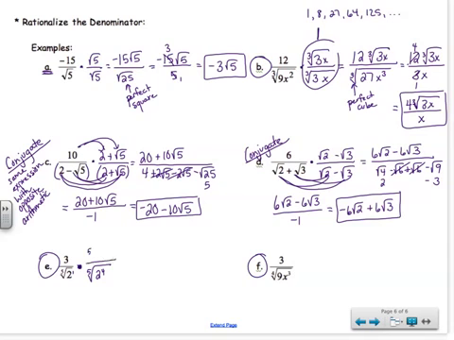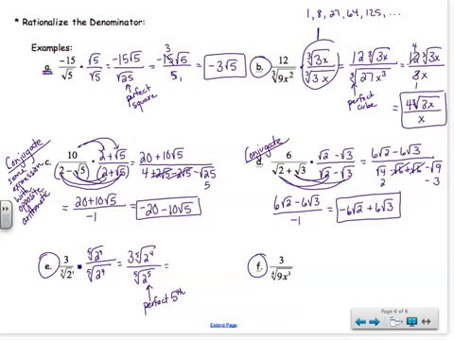So here I also multiply by the fifth root of 2 to the fourth. So we get 3 times the fifth root of 2 to the fourth over the fifth root of 2 to the fifth. Notice this is my perfect fifth power.